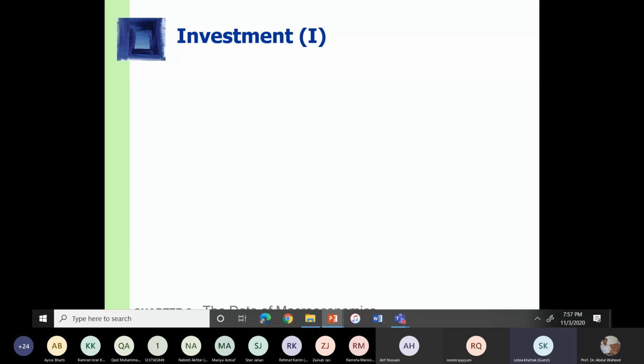In investment, we are not talking about financial investment. It is physical investment. Buying bonds and stocks and making deposits, these things are not part of gross domestic product. We are talking about physical investment.